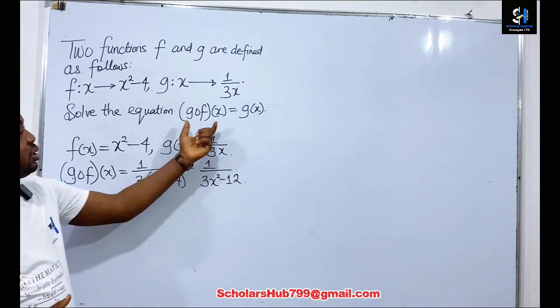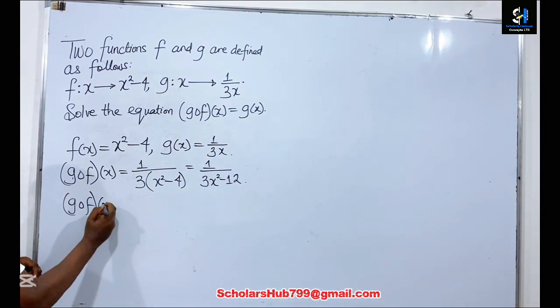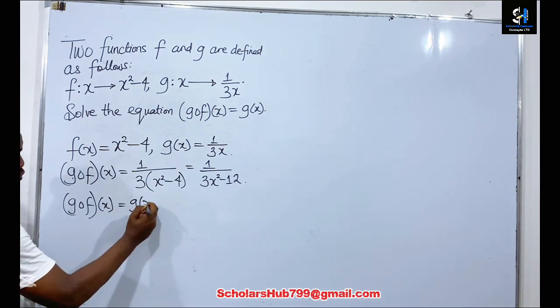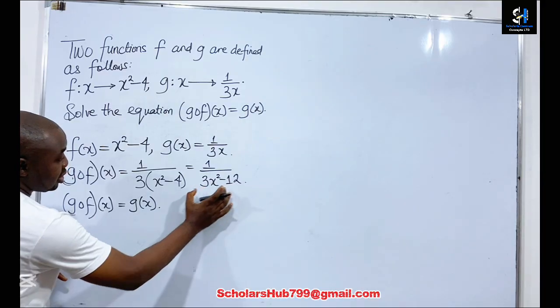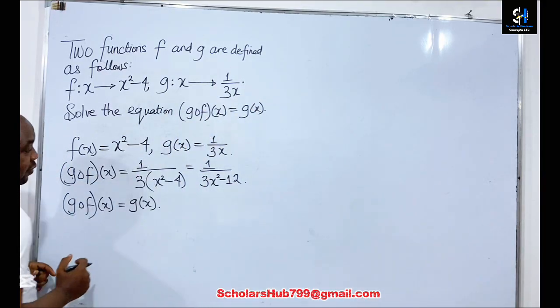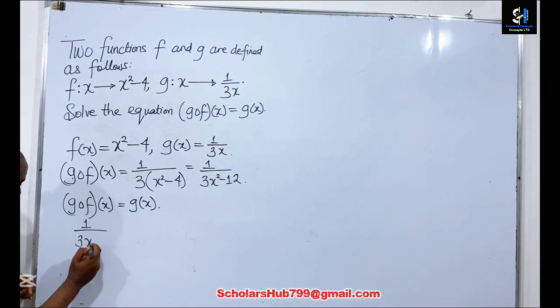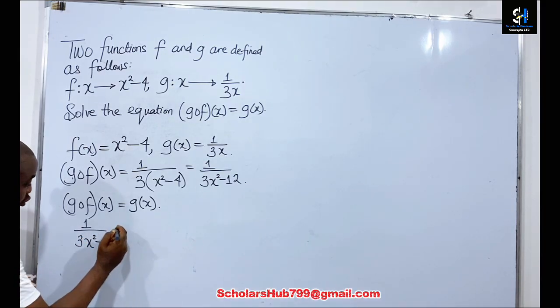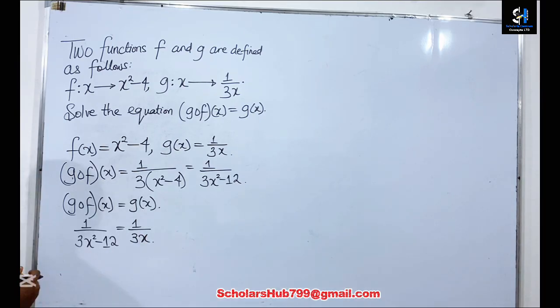Now in the equation, we are given that the composition of g f of x is equal to g of x. So I'm going to set this equal to 1 over 3x, which is g of x. So this will be 1 over 3x squared minus 12 equals 1 over 3x.